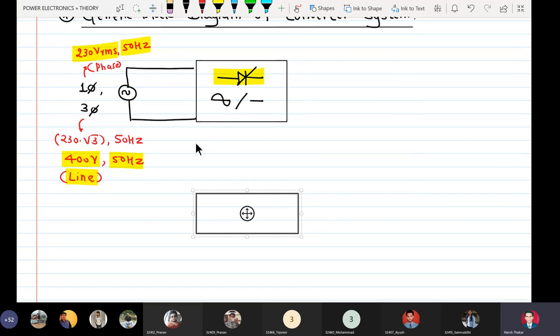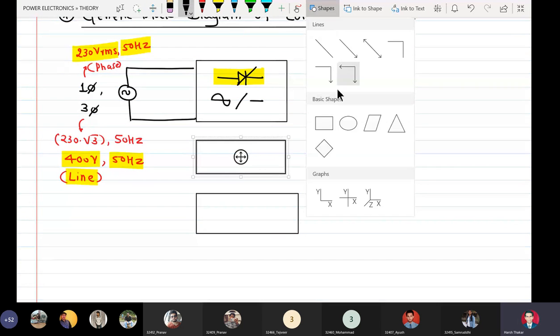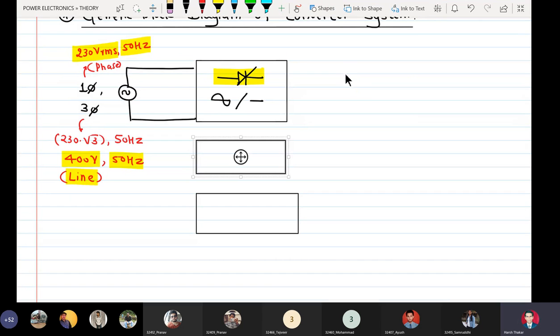Then between the firing circuit and the power circuit, we have the isolator, and here we have our load.